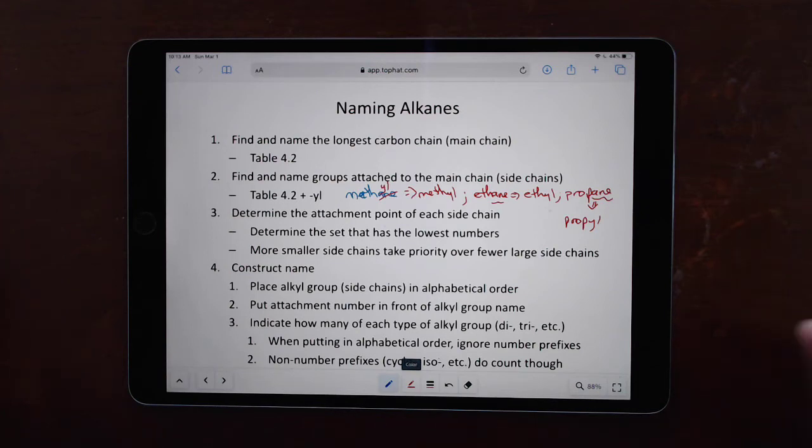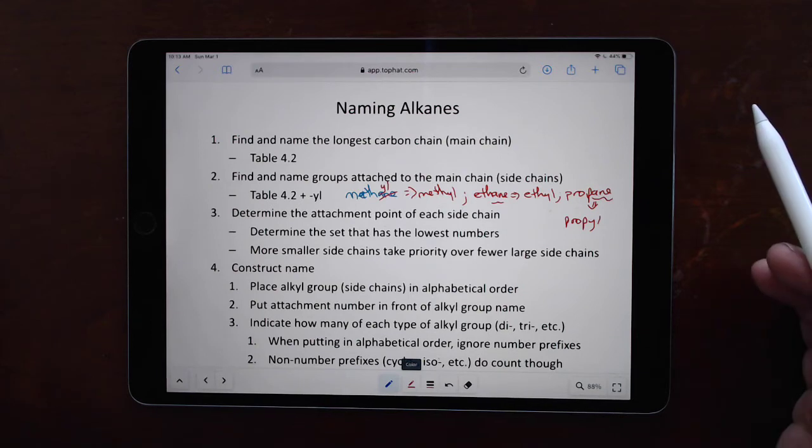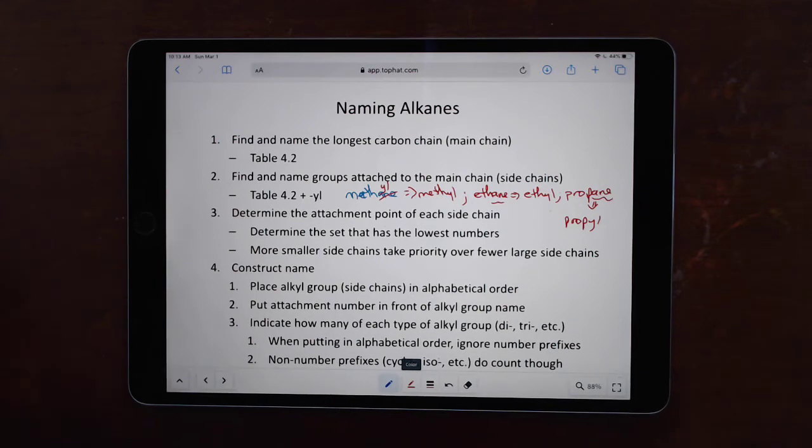And so we need to start from the left side, and then we have to start from the right side. And you'll see, we'll get a list of the numbers for the attachment points. When we add those up, the number set that gives the lowest sum, that's going to be the numbers that we use.